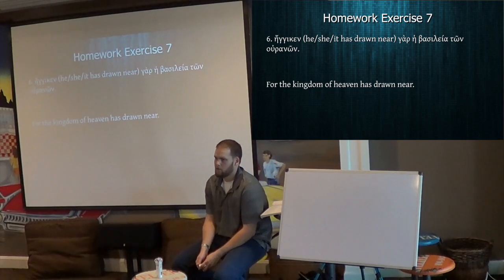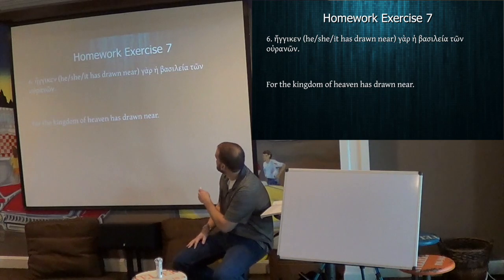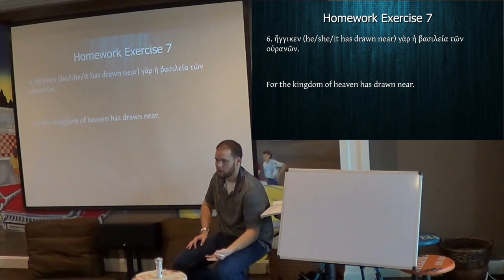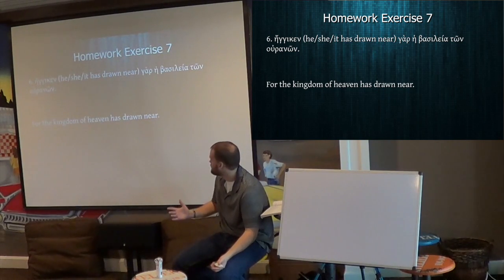That's accusative singular. That'd make it accusative, right? So it'd still be the kingdom of heaven. The translation would be the same, right? But where would it go in the sentence? What would it be instead of the subject? Object. Yeah, it'd be the object.